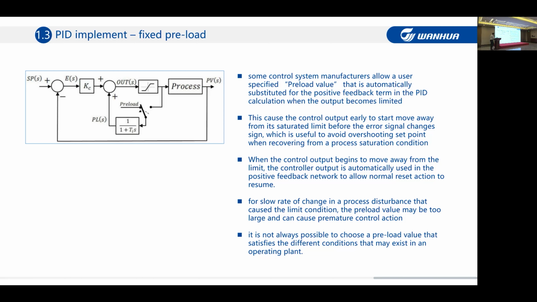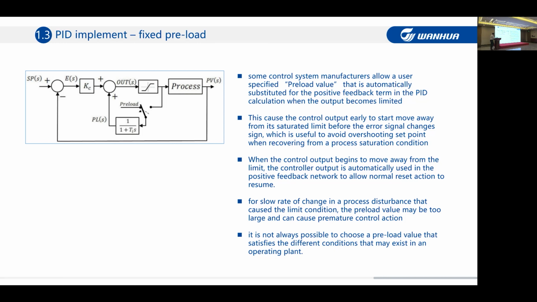We just need the proportional part to be higher than the negative part of the preload. Then the reset will automatically switch back to this direction, so the reset is released.